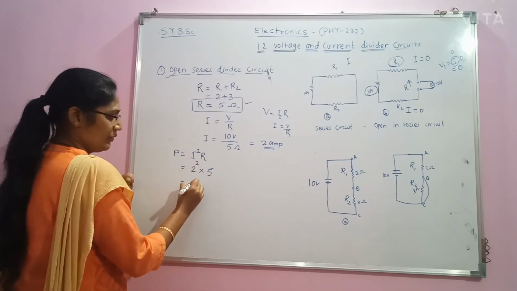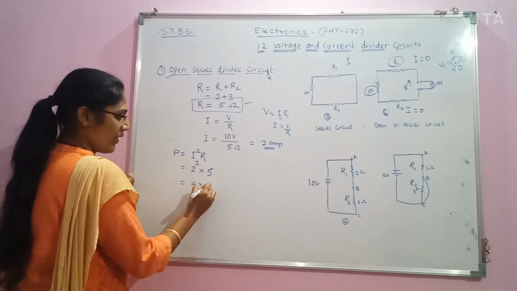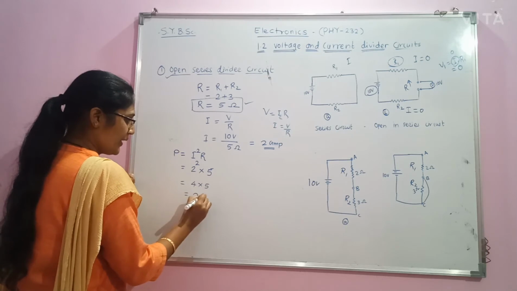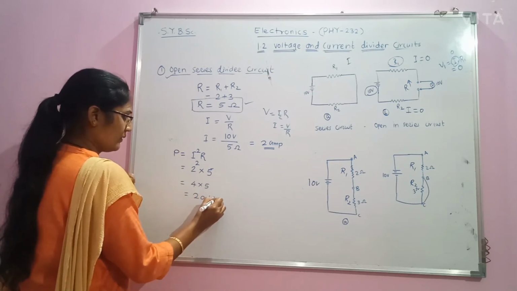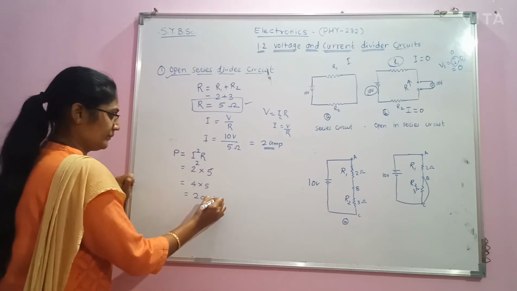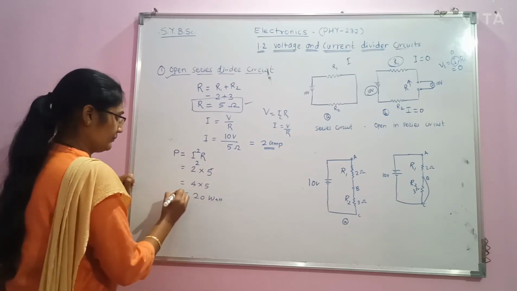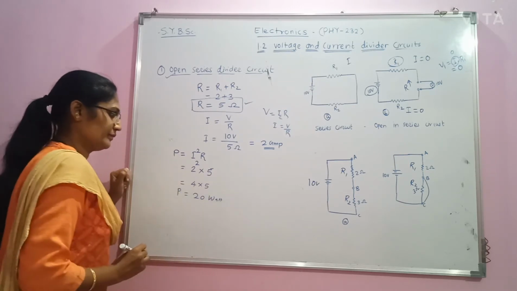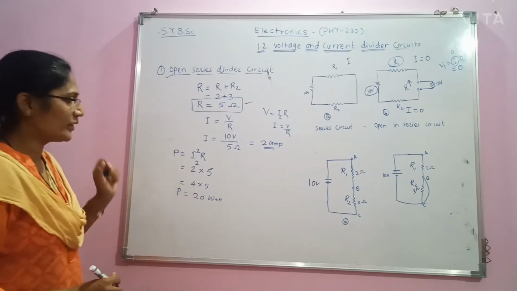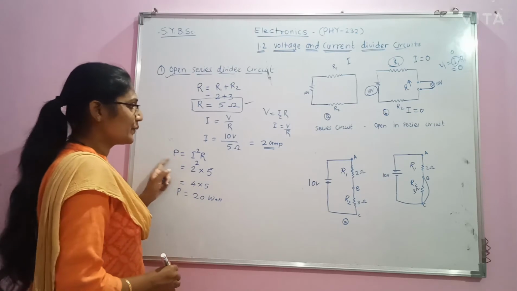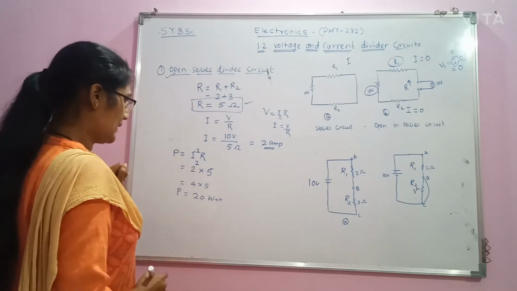Therefore, 4 into 5 is equal to 20 watt. 20 watt will be the power produced by using this circuit.